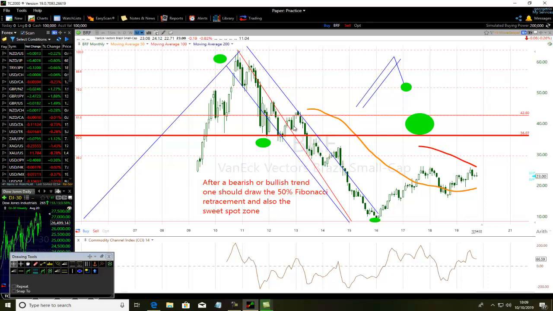So sometimes people will even try to buy even here, ignoring the channel. The pullback channel to the sweet spot zone is pointing down like this, and people are buying here, especially those that are buying and holding. Some swing traders are doing the same thing, some position traders, some day traders, and they are violating the market pattern all the time.